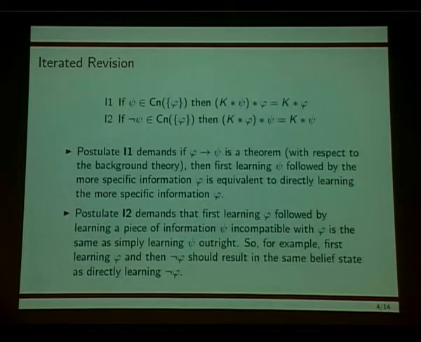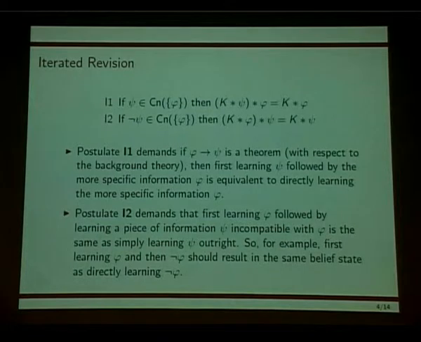But there's no actual iteration of two revisions. So this made the community propose various ways to expand this with reasonable principles for belief revision. And this project failed for a number of reasons.